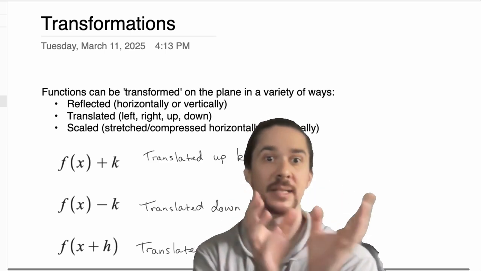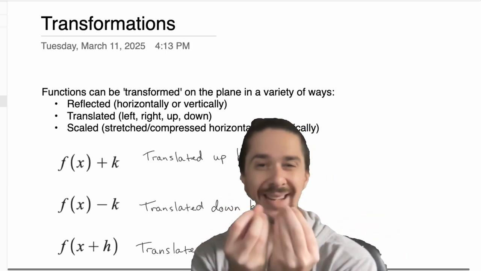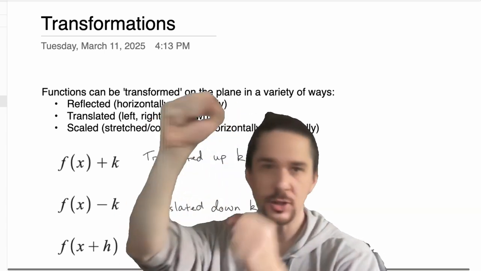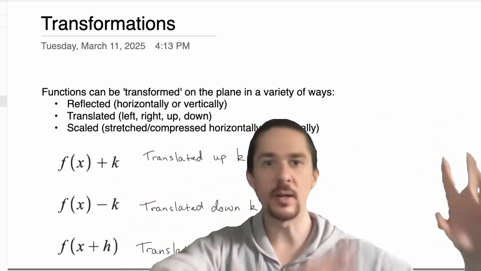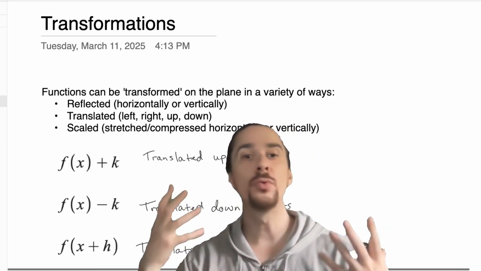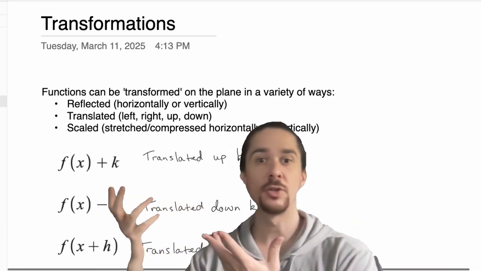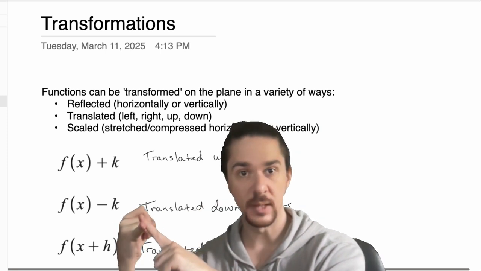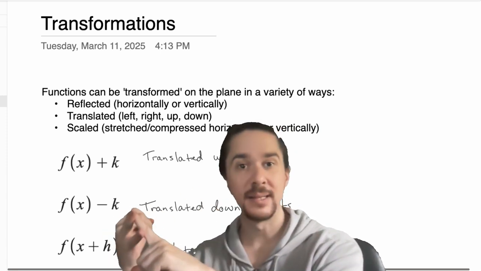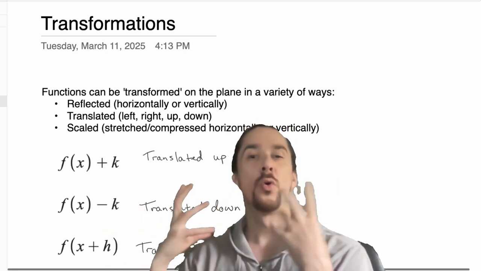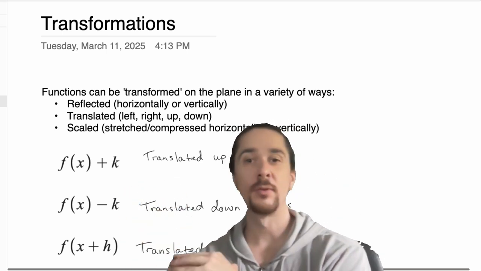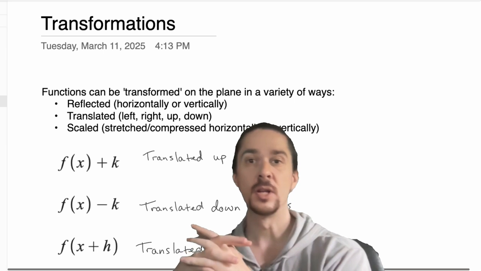So you could say, well, I see it's a parabola. So in essence, it's y equals x squared, but then it's been stretched and shifted and moved, and now it's over here and it looks like this. And you use your understanding of transformations to be able to understand, okay, well, where has the vertex been moved to? How has the slope changed? All of these things are really easy to understand if you have a firm grasp of transformations.